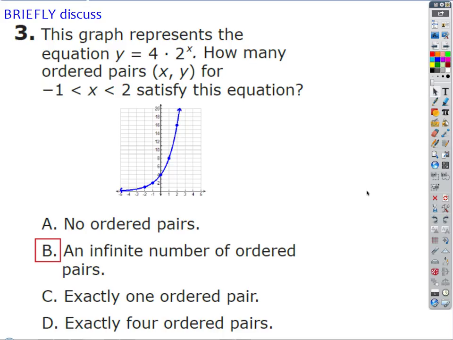How many ordered pairs of the form (x, y), meaning how many points, satisfy the equation when x is greater than -1 and less than 2? So how many points are there on the graph? In other words, that's how you could think about this. How many points sit on the graph between x equals -1 and x equals 2?